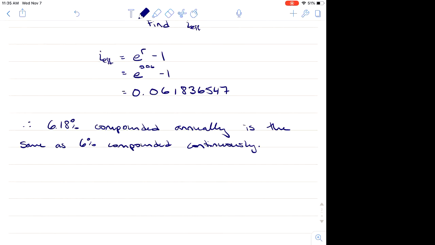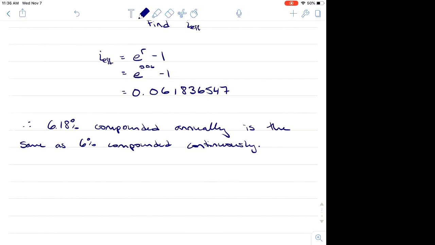So effective interest rates are kind of a special case, right? Because we're only going from some compounding frequency to an annually compounded frequency. Now we want to be able to move from quarterly to bi-weekly, right?